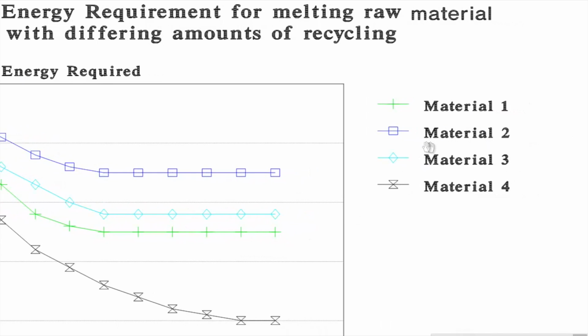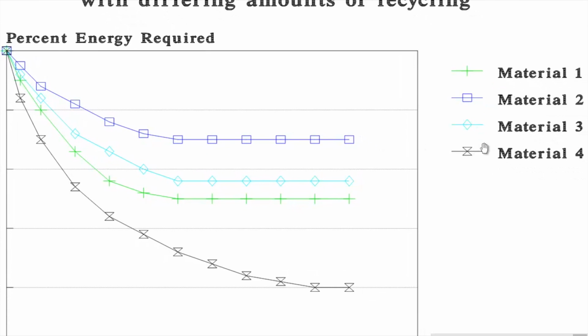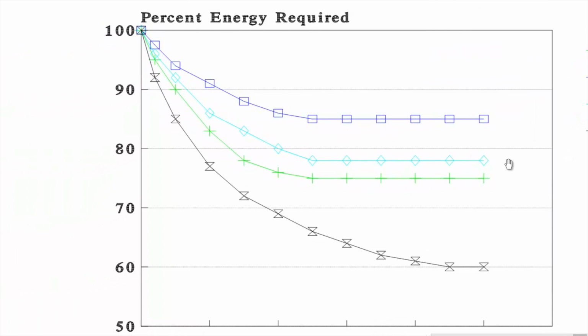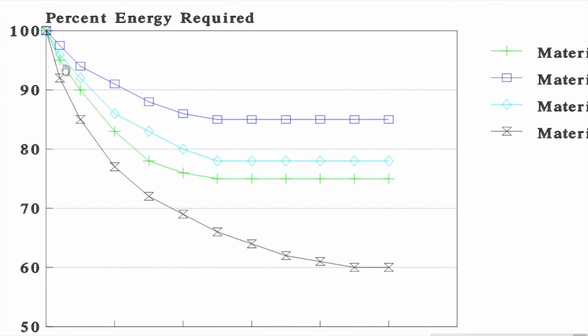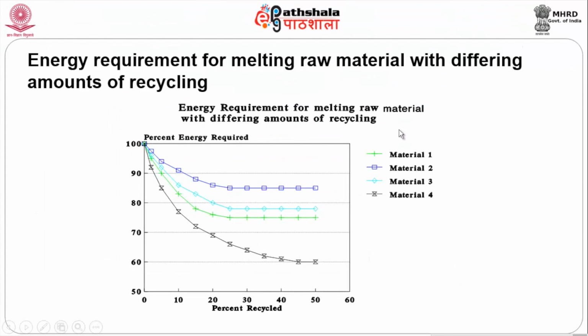Material 2 is indicated in blue color, it goes from 100 to about 85, and in cyan, material 3 starts from about 100 and goes down to about 79. Material 4 goes from 100% down to the value of 50. These are various energy requirements in terms of melting the raw material with different amounts of recycling.